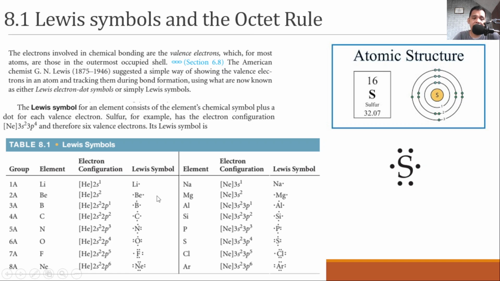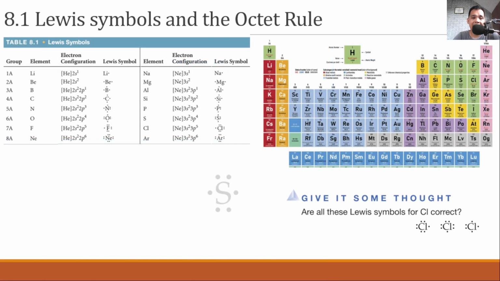But to make it easier, to know how many Lewis dots a particular element has, you only need to look at the periodic table. Lithium is group 1, therefore it has 1 Lewis dot. Beryllium is group 2, therefore 2 Lewis dots. Boron is in group 3, therefore 3 Lewis dots. Carbon is in group 4, so it has 4 Lewis dots.